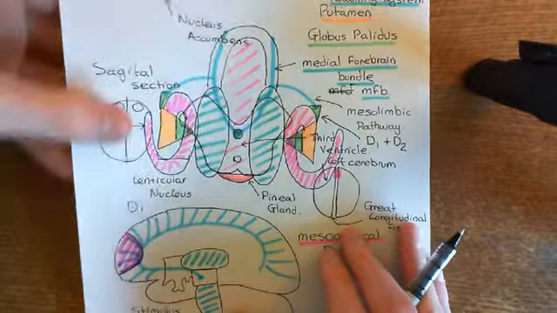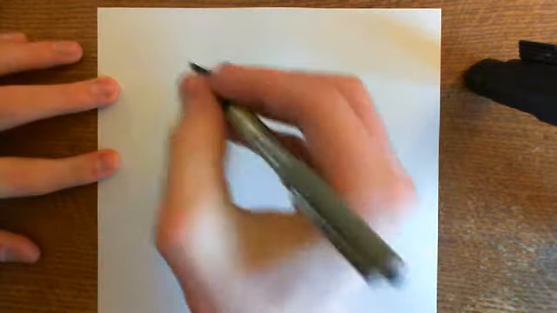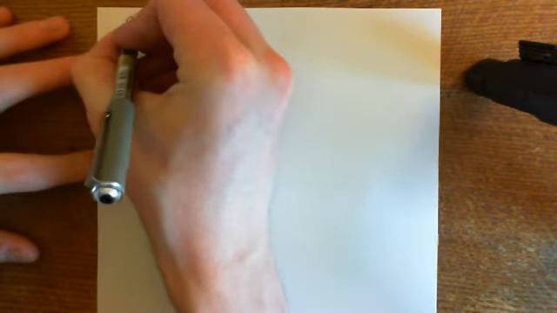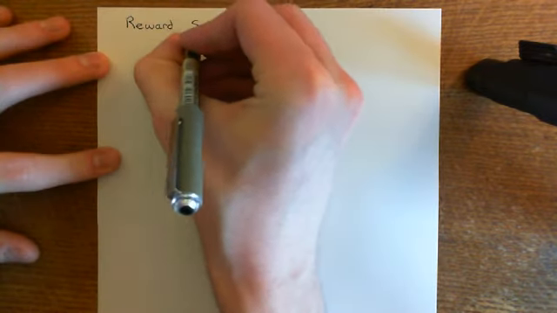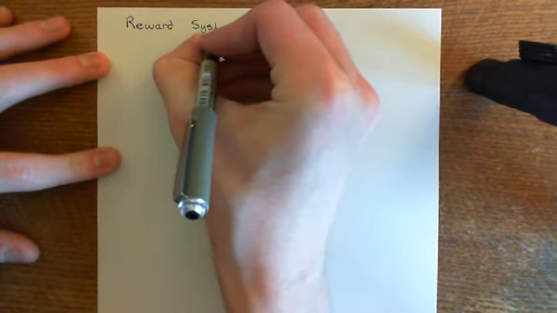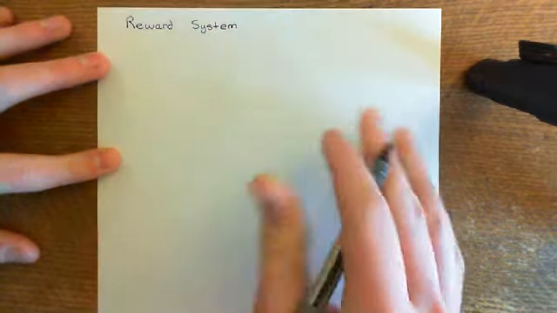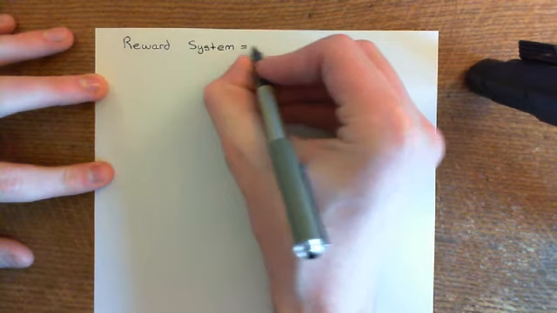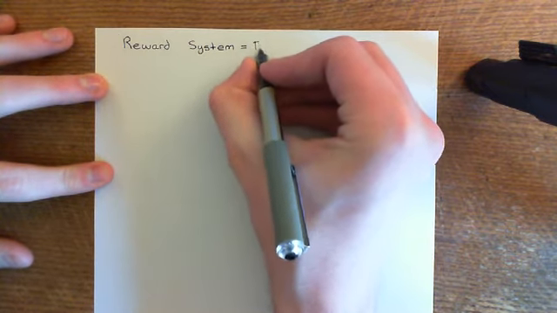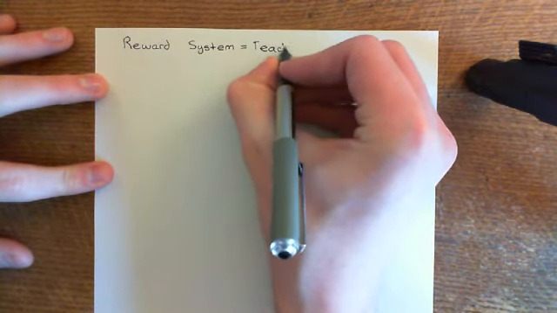So now I think we are ready to discuss the brain's natural reward mechanisms. This is known as the reward system, and I'm going to present what we understand of the reward system at present. The first thing I want to stress is that we believe this is a teaching system.